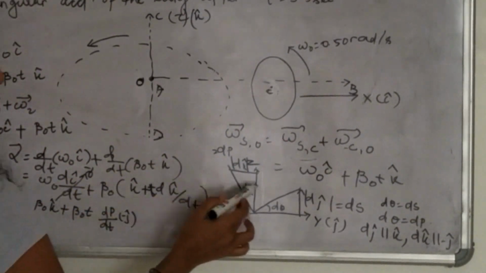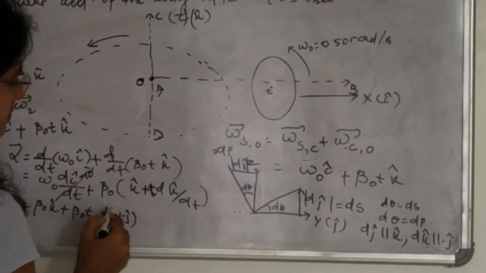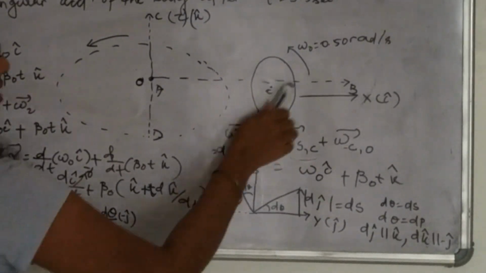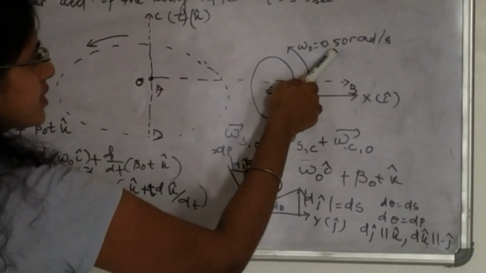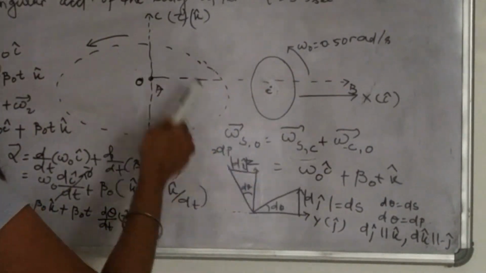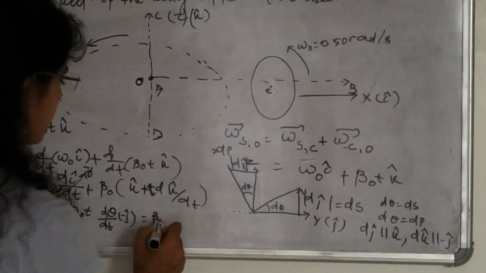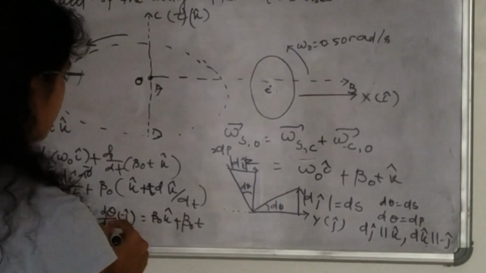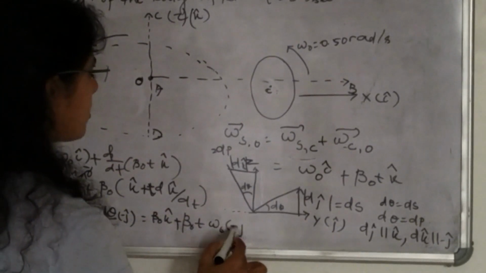In place of dp, I can put d theta. As d theta by dt is how much? Omega naught here, because it is rotating with angular velocity 0.50 radian per second along horizontal axis. So here I can put beta naught into k cap plus beta naught into t, and in place of d theta divided by dt, I can put omega naught minus j cap.